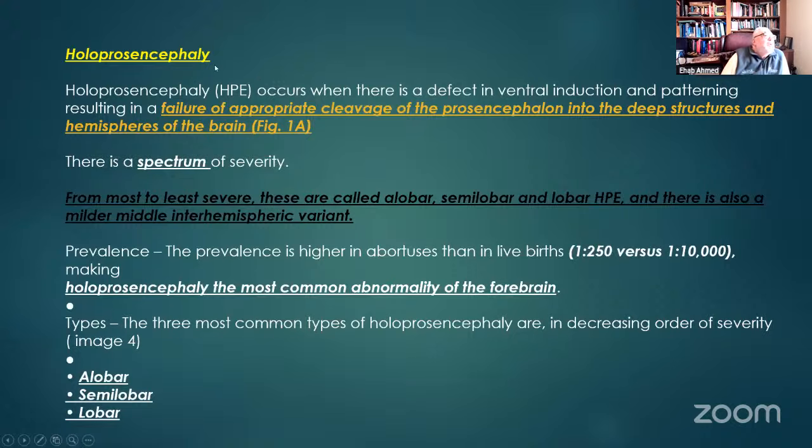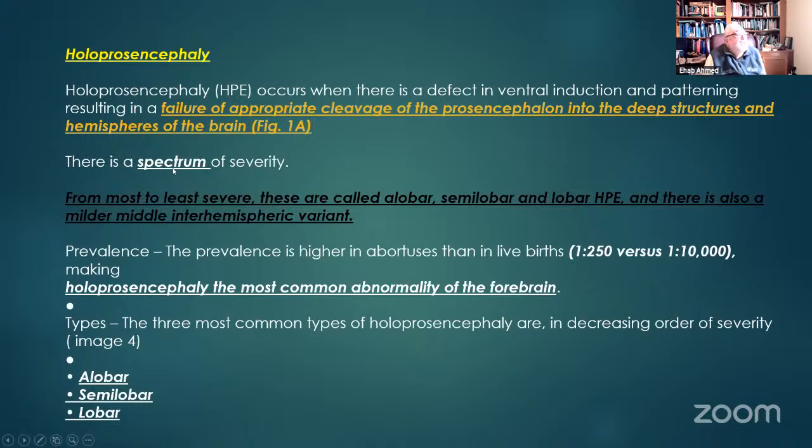And then holoprosencephaly is failure of appropriate cleavage of the prosencephalon into deep structures and hemispheres of the brain. So the brain, instead of being two separate but connected hemispheres, there is failure, and there are types.